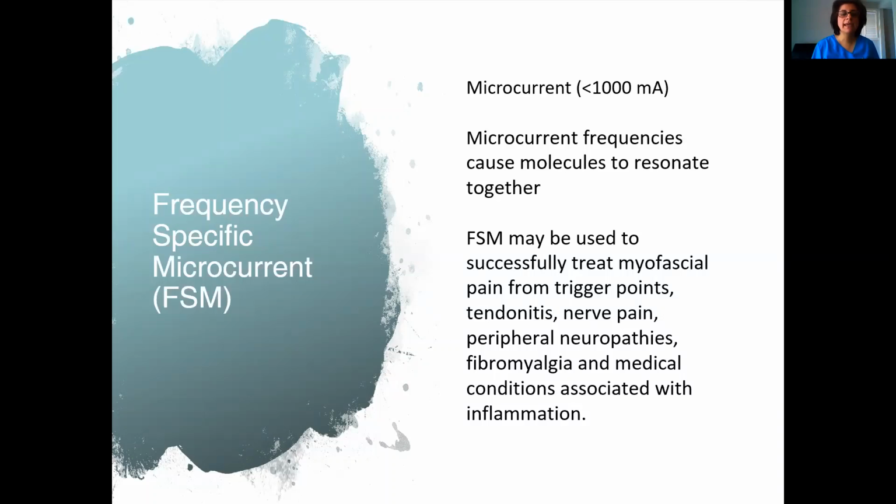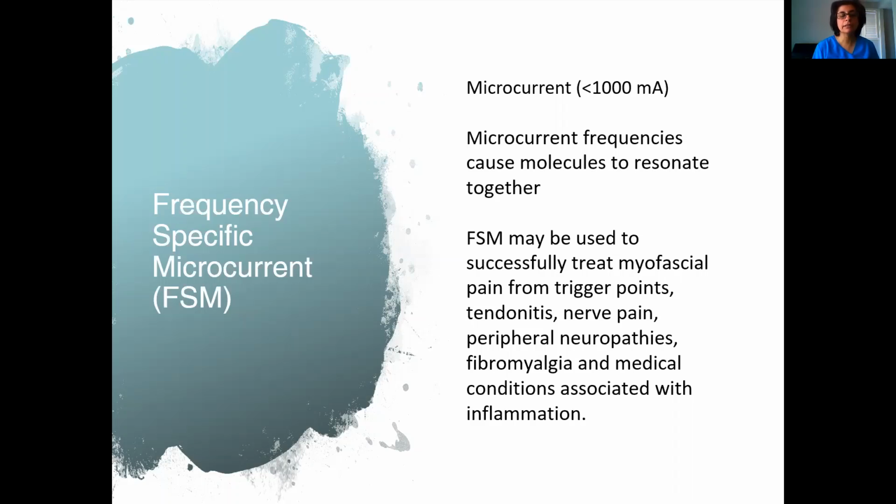Well, in the same way, we can use microcurrent and program frequencies that cause molecules to resonate together. And when they have that vibrational interaction, a lot of the time we see things like myofascial pain from trigger points improve, tendinitis pain improving, nerve pain improving, peripheral neuropathy pain improving, fibromyalgia, anything that has to do with inflammation.